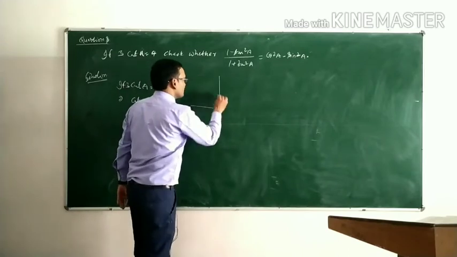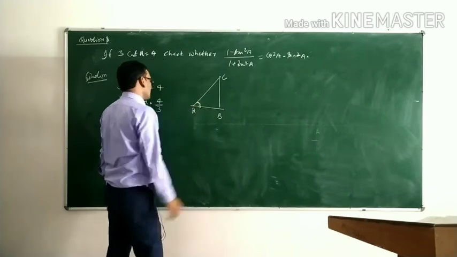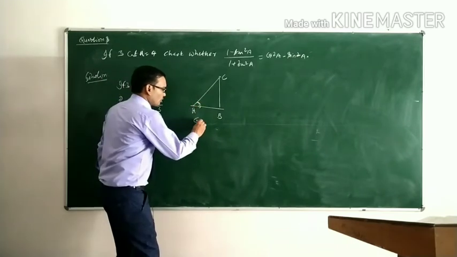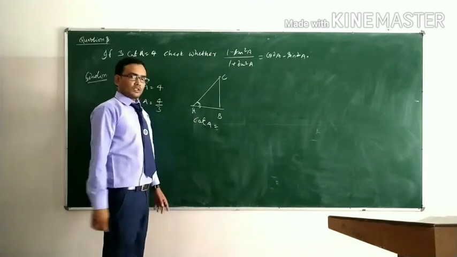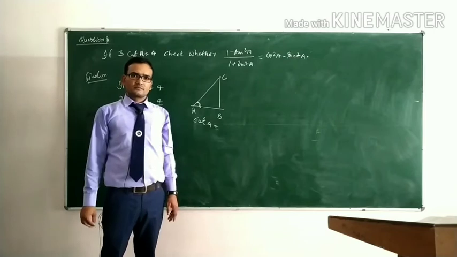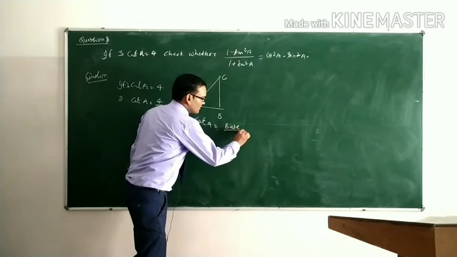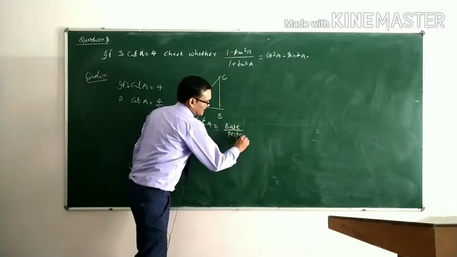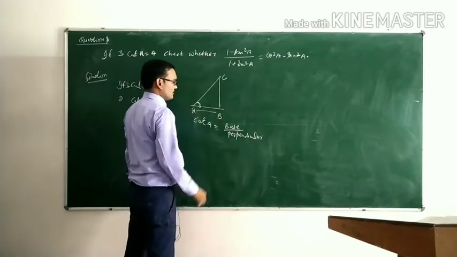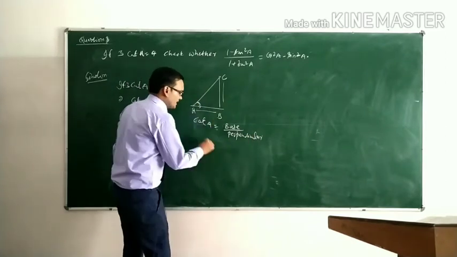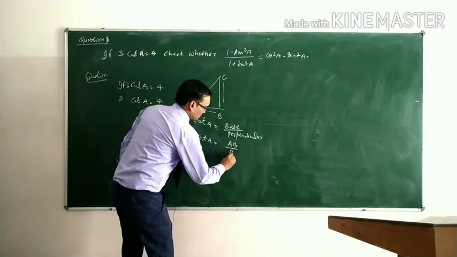We draw a figure, triangle A, B, C, for angle A. Cot A equals, students, base upon perpendicular. You know that here the base is AB and the perpendicular side is BC. Cot A equals AB upon BC.